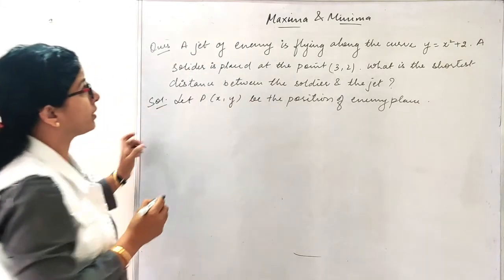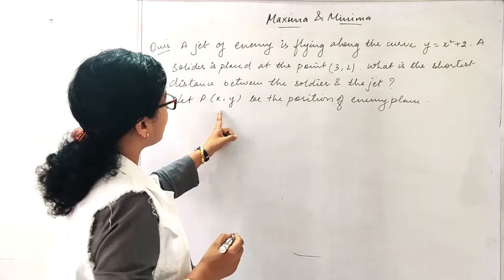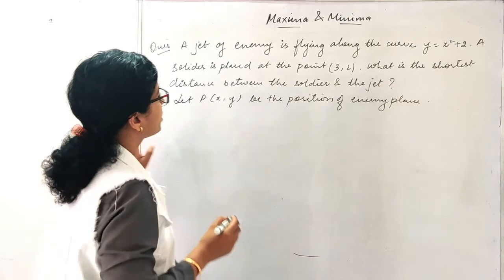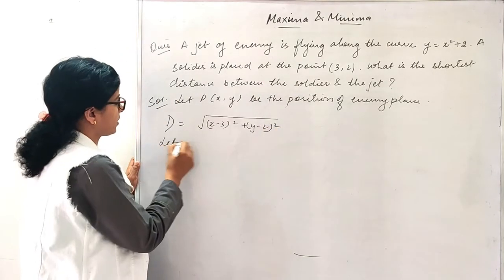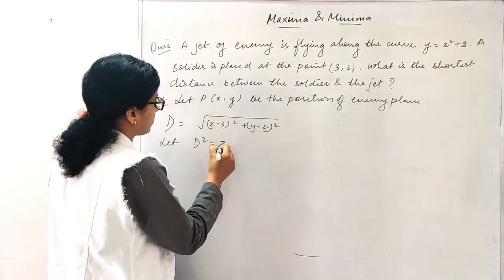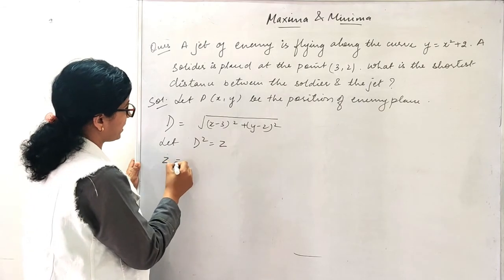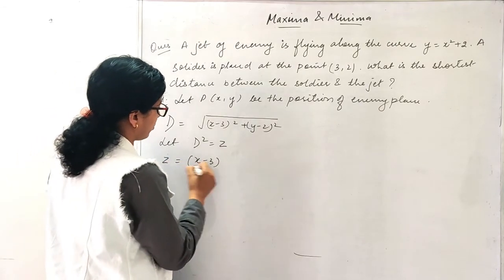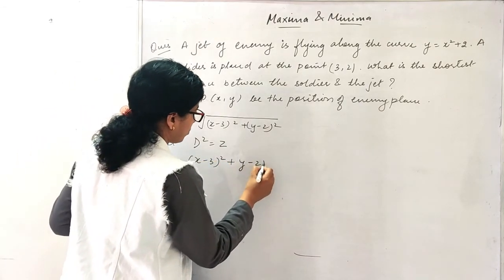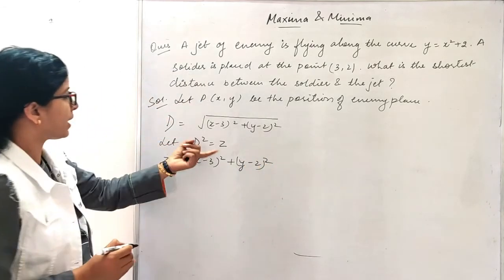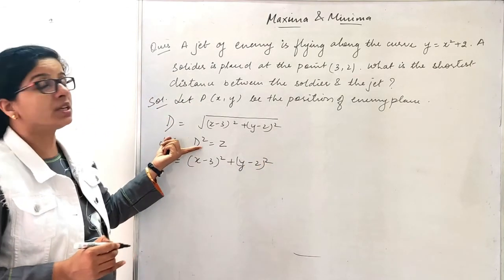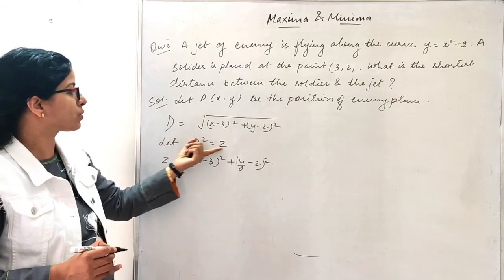So now the distance between the enemy plane and the soldier, right? Let d square be equal to z. So z is equal to (x minus 3) whole square plus (y minus 2) whole square. If my d is minimum, d square will also be minimum, so I can take d square as z.